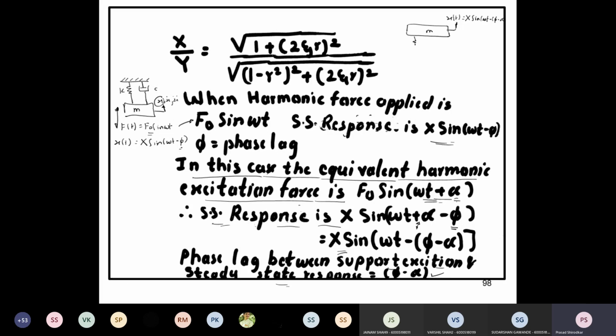And this is attached through a spring and a damper to the support, and the support is moving: y of t is equal to capital Y sine omega t, right? So here there is only omega t, here there is omega t minus phi minus alpha. Earlier it was only minus phi. So now the phase lag between the support excitation and the steady state response is not phi, but for this case it is phi minus alpha.